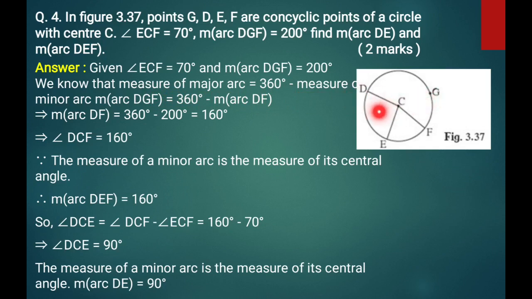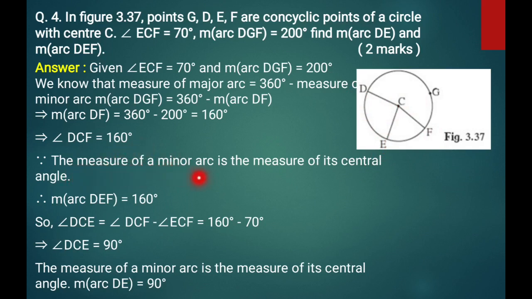So major arc is here DGF. So we substitute 360 minus 200, we get measure of arc DF equals to 160 degrees. So the angle DCF is equal to 160 degrees.